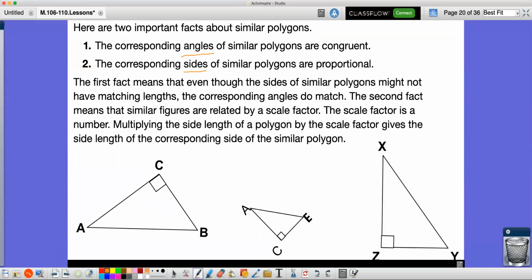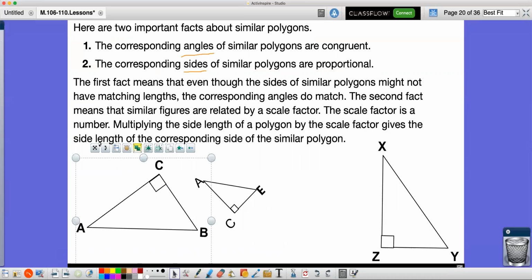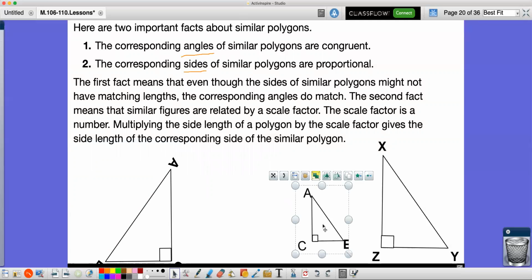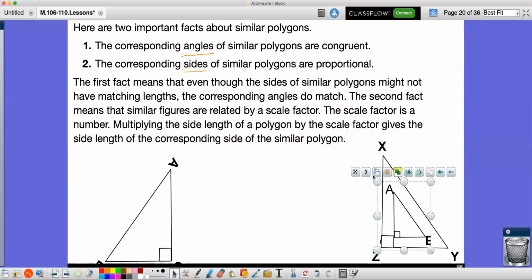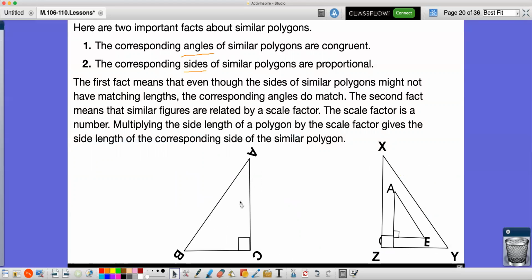So like these triangles, for example, these are similar in that if we were to rotate this one, it looks like the ones that are similar right now are these two. Until we reflect this one, it's not similar just yet. This one is similar; all we had to do is rotate it.